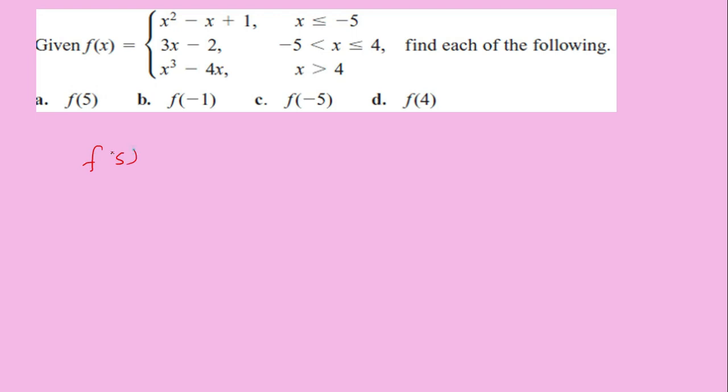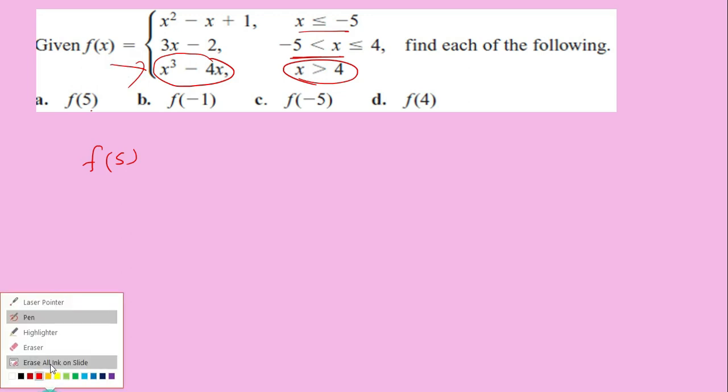F of 5, in which interval does the value x equal to 5 fall? X equal to 5 is not included in the second interval or the first. This is positive 5. Positive 5 is greater than 4, isn't it? So it is falling in this interval. Now use the x value in this part of the function. There you go.